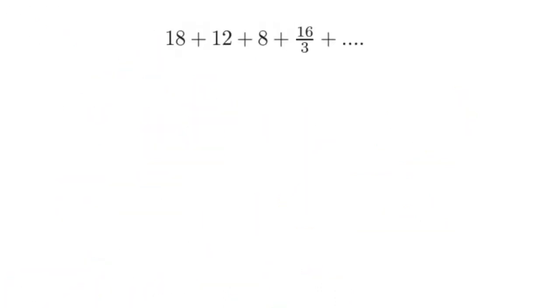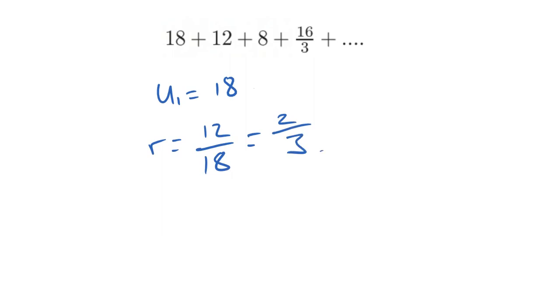So let's see it in action. Let's do a couple of quick, easy examples so you can do your question set. So here is an infinite geometric series. We have u1 is equal to 18. So we can easily find r by doing one term divided by the previous. So can we see that's going to be 2/3 in this simple case. So our formula, if we're going to add all those up forever and ever and ever, our sum to infinity is going to be 18 over 1 minus 2/3, right?